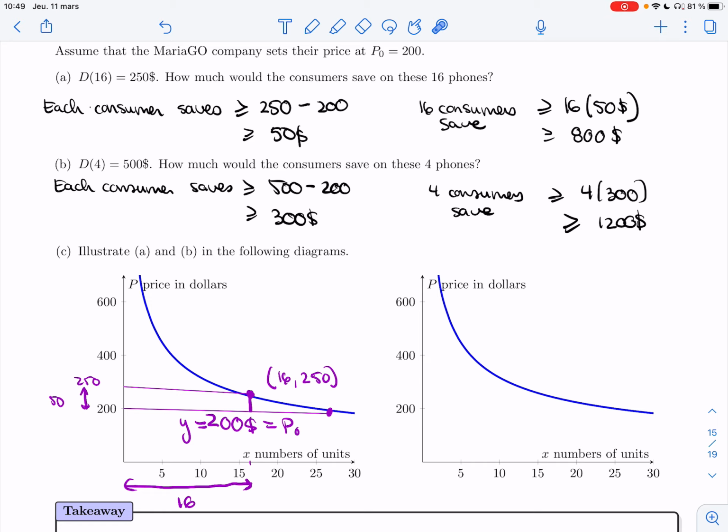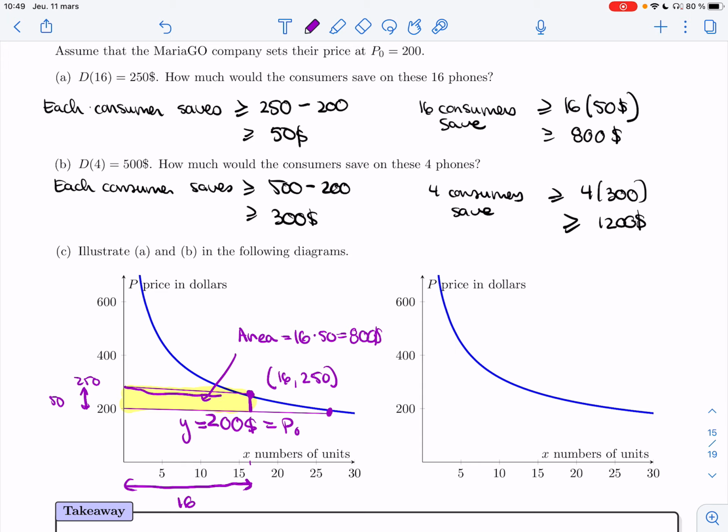And then the approximation that we're looking at, the 16 times 50, that would be this area. And so the lower bound that we found for how much consumers are saving is actually that yellow area.